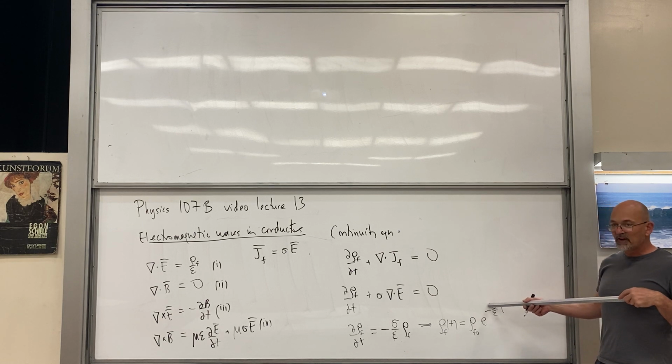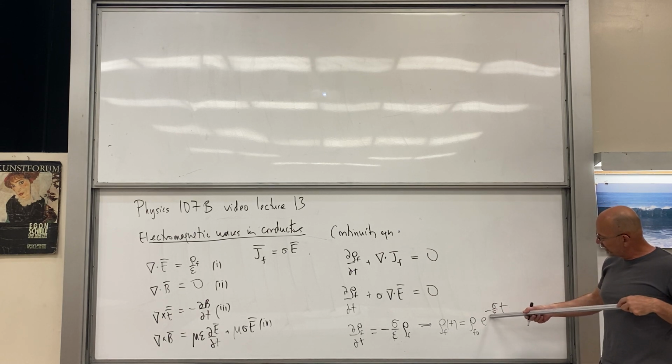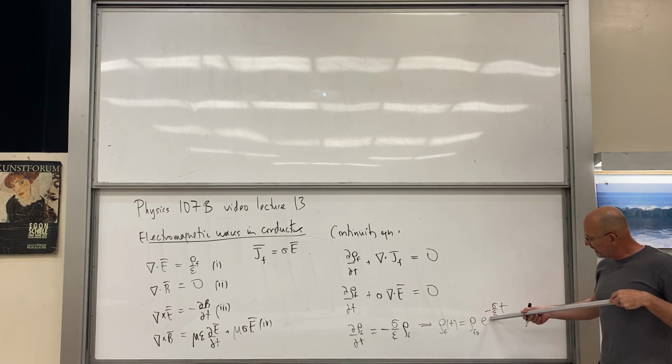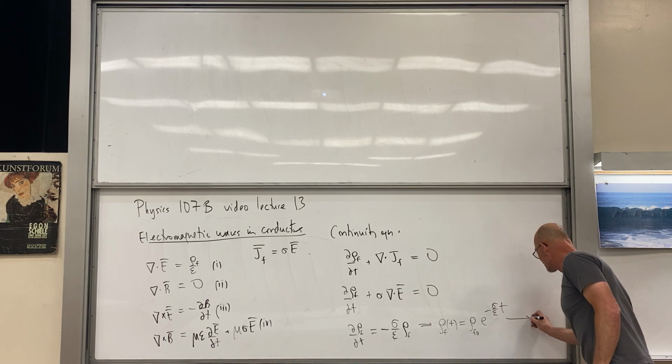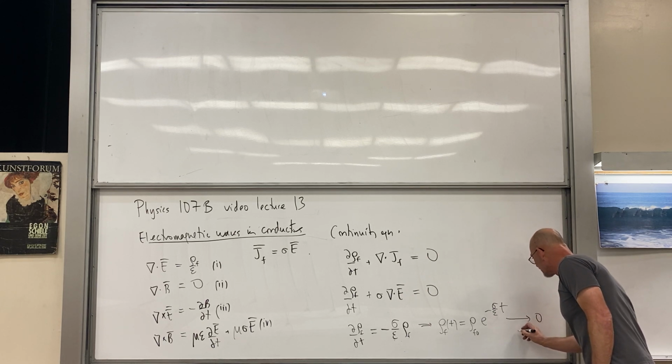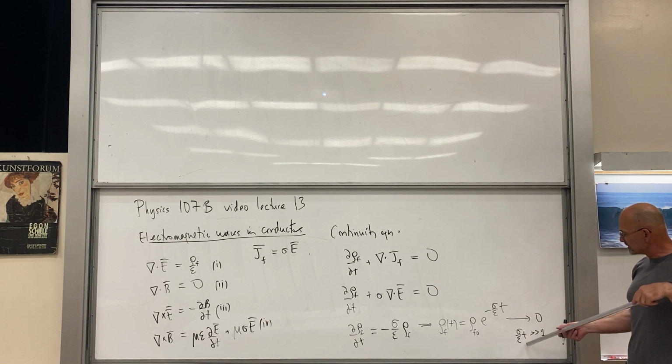Okay, so there's an inverse time right there, and if time is sufficiently great compared to that inverse time, then this is exponentially crushed. It goes to 0, when the ratio is greater than or equal to 1. Okay, and we can express this in terms of a frequency as well.